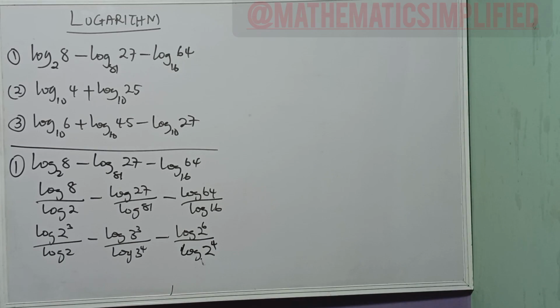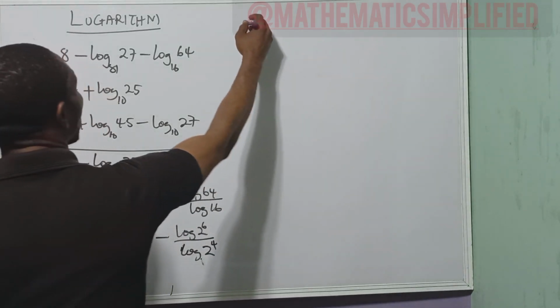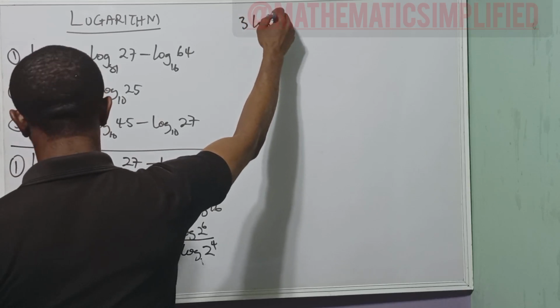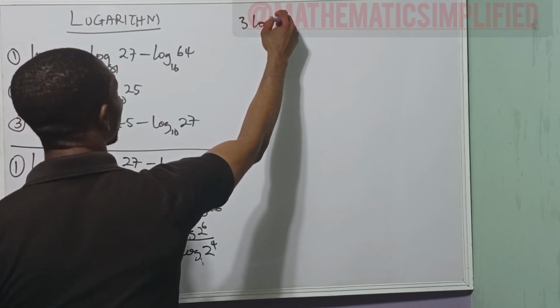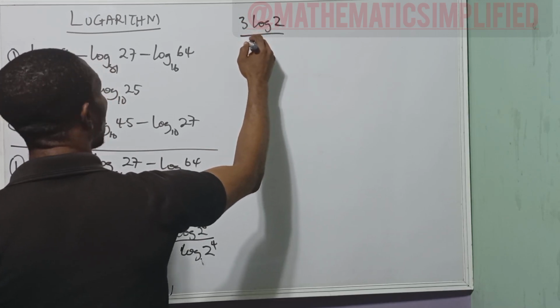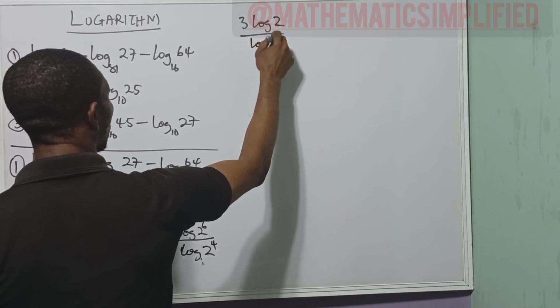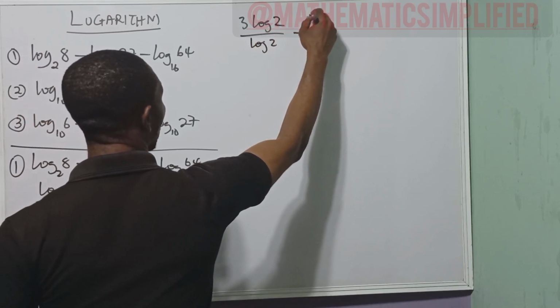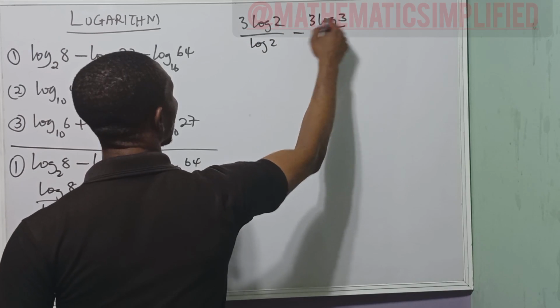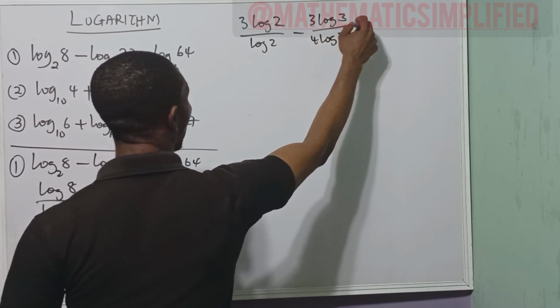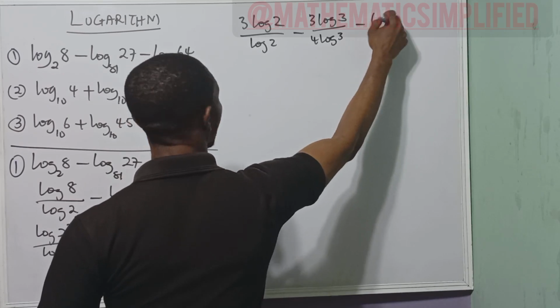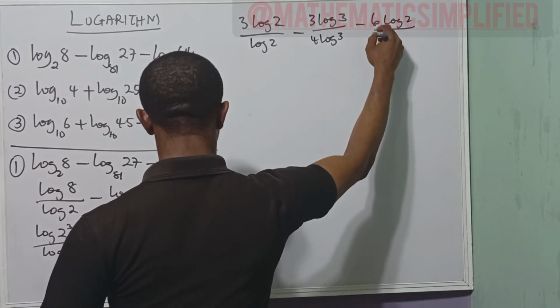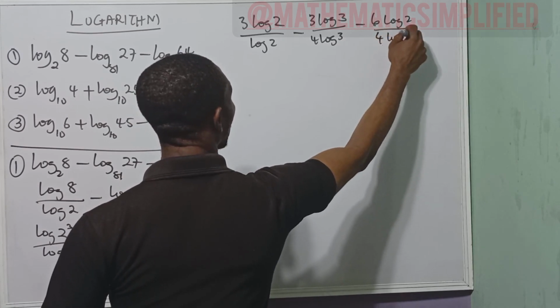From here we can break this down again, bringing the powers down, as 3 log 2 over log 2, minus 3 log 3 over 4 log 3, minus 6 log 2 over 4 log 2.